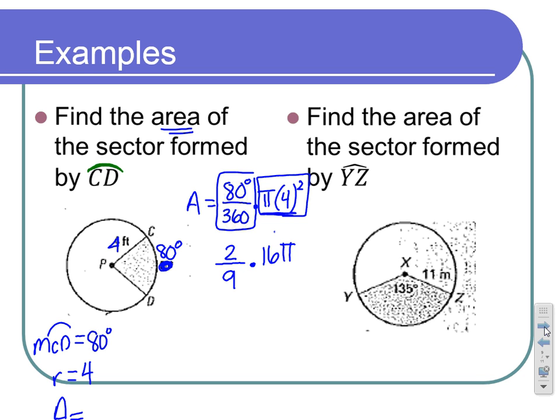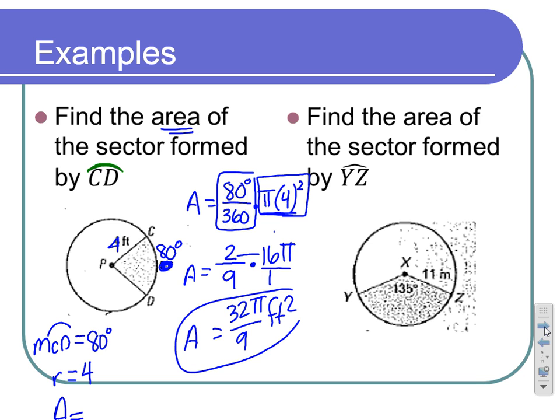Now all I have to do is stick this over 1 and multiply my fractions. 2 times 16 is 32 pi, and 9 times 1 is 9, and I can't reduce this anymore. So that's my final answer, and I want to make sure I label it as square feet. So 32 pi over 9 square feet is my final answer for this dotted area in there.